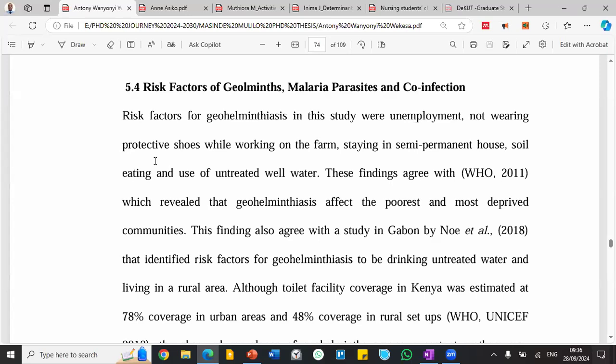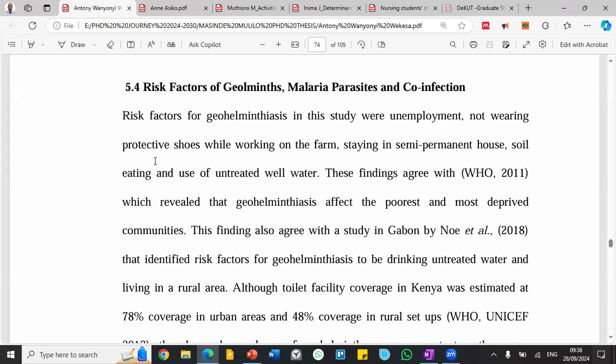So risk factors for co-infection in this study were unemployment, not wearing protective shoes while working on the farm, staying in a semi-permanent house, soil eating, and use of untreated well water. So the author here is making an argument or a claim, but what does the author continue to say?